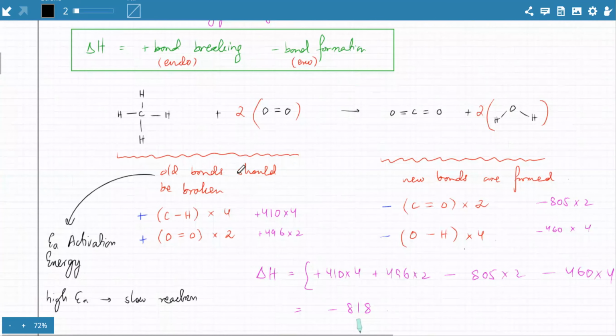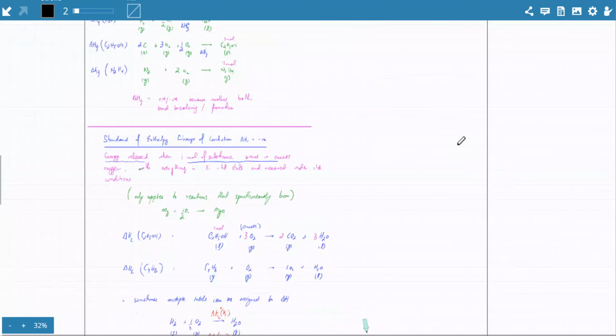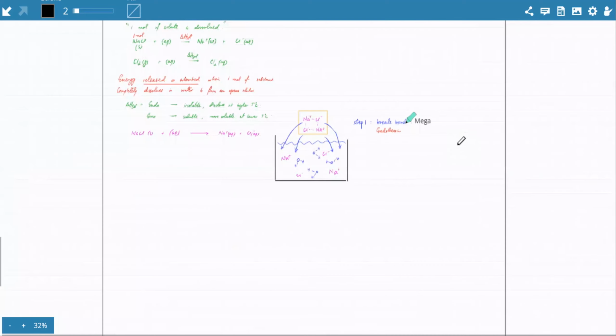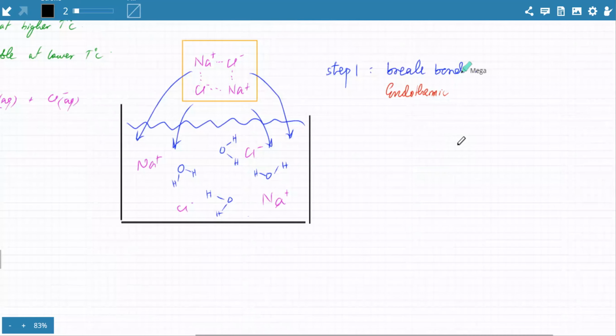So the first part is endothermic, you're breaking old bonds, and the next part is exothermic because you're forming new bonds. Is this clear? So the first step is endothermic.